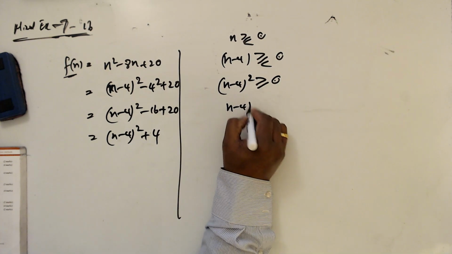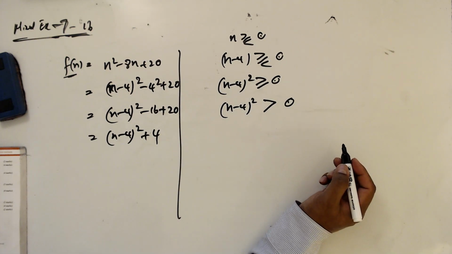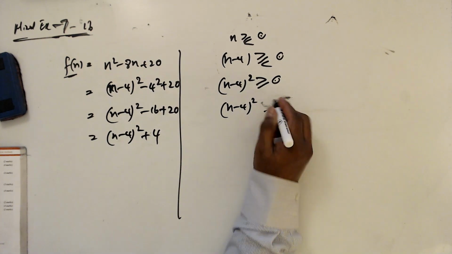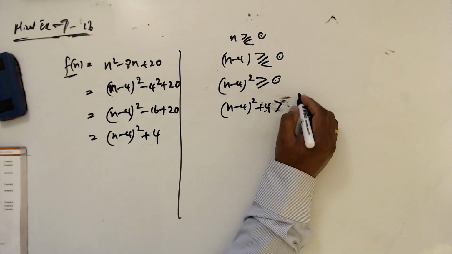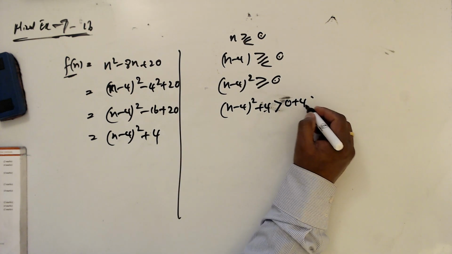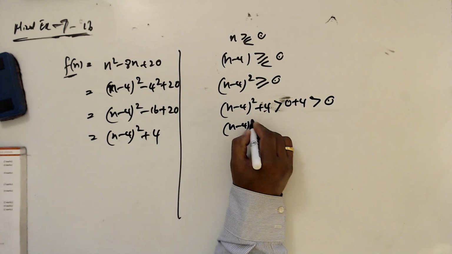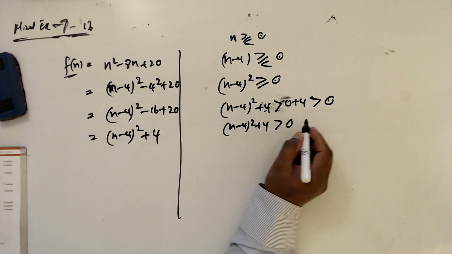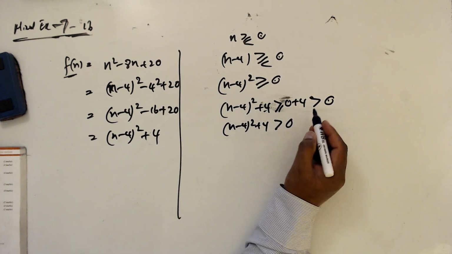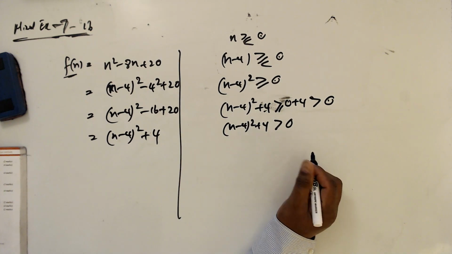Then when you add 4, (n minus 4) squared plus 4 is greater than or equal to 4. It means greater than 0.